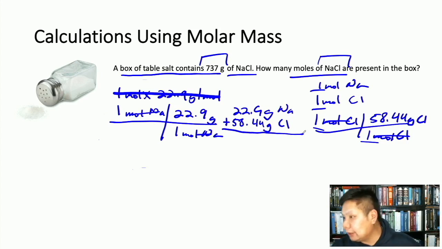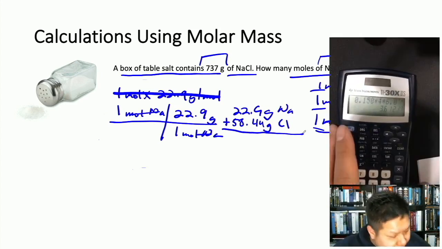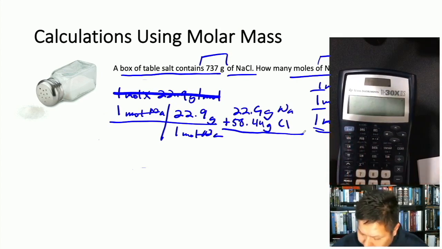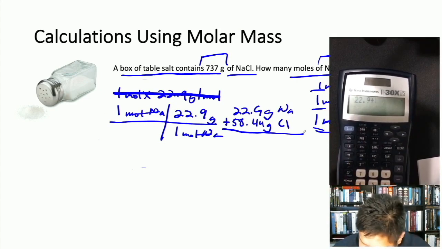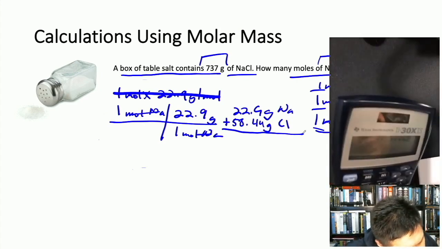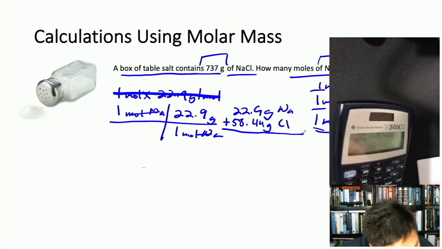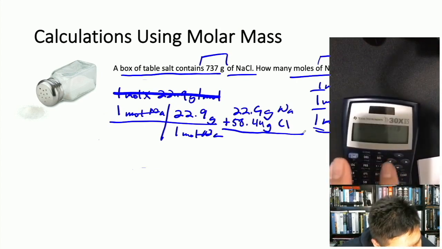So let's do that on the calculator together. Okay. Clear. 22.9 plus 58.44. Let me make sure I typed it in right. I didn't actually. I put a plus sign there.